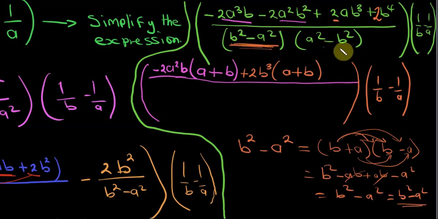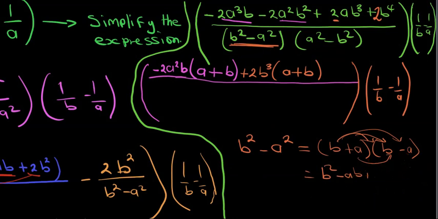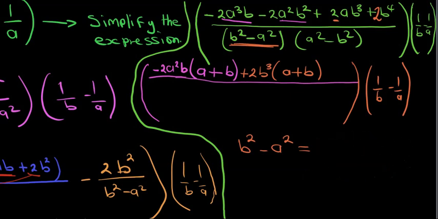And the same applies for this one. In this case, it will just be in reverse order. So we can write this as b plus a and b minus a. That is true for that one.